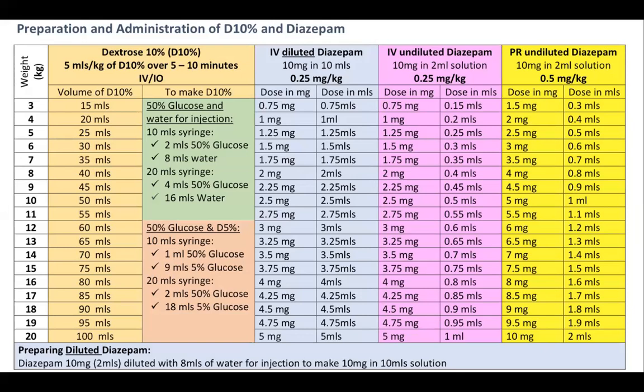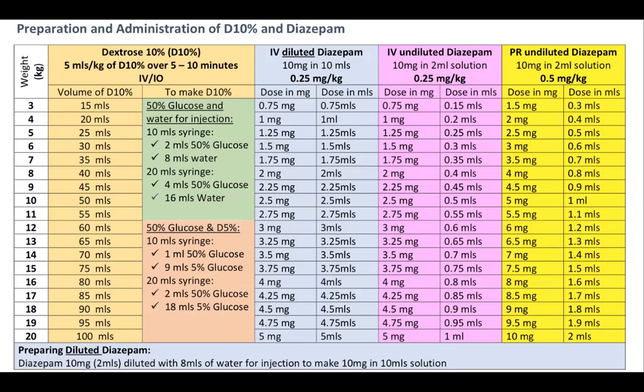So for diluted diazepam, we use 10 milligram of diazepam in 10 mils of solution. And with IV undiluted diazepam, it's 10 milligram in 2 mils of solution.